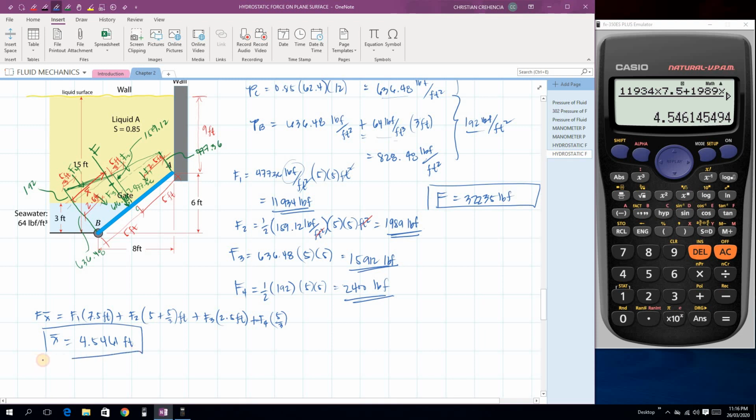Pero yung distance E from the centroid, so 5 minus answer, 0.4538 or 0.4539 kung i-round off na natin. So, compare natin doon.